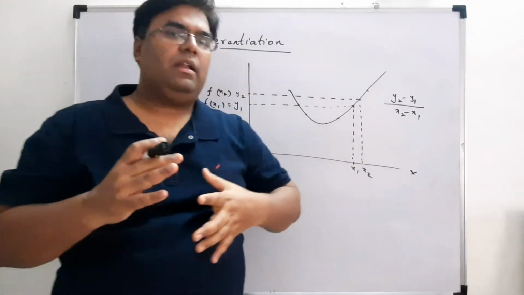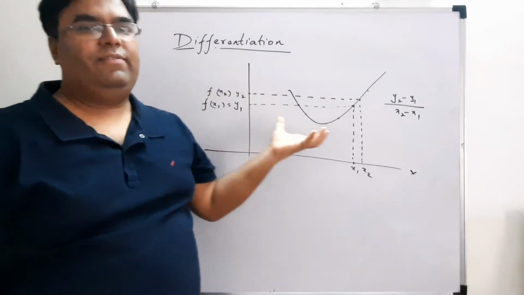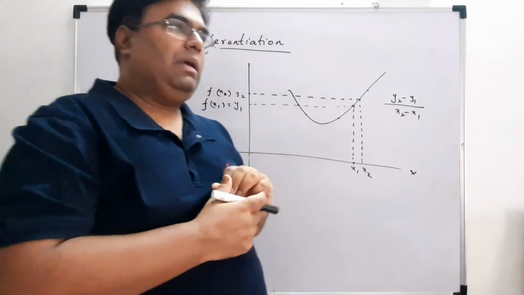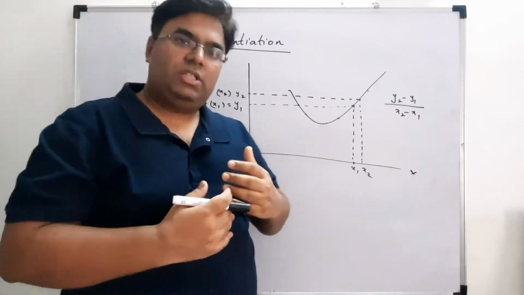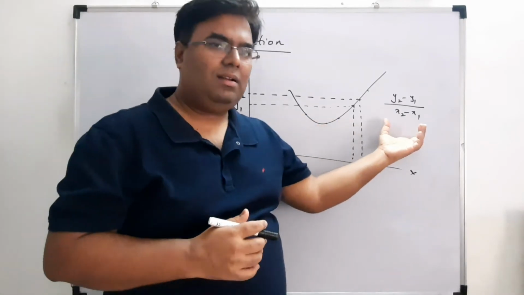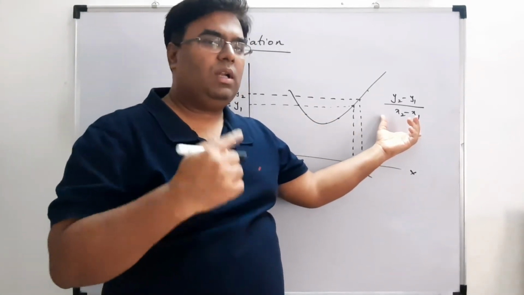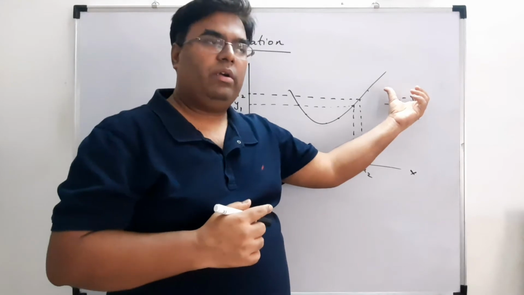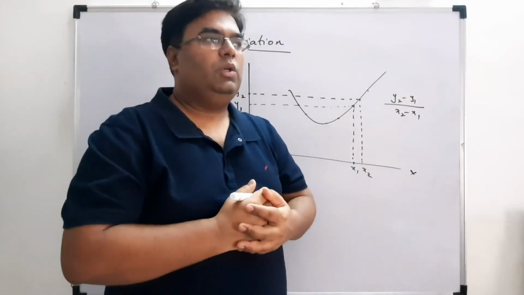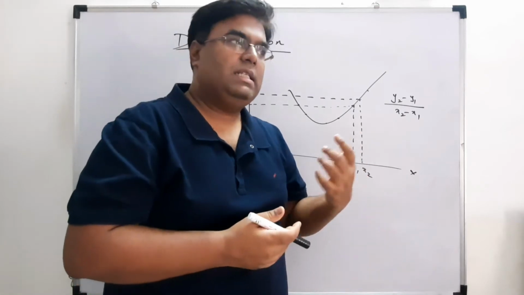There are different names given to this differentiation. Sometimes it is called slope of a tangent, sometimes it is called rate of change. Lots of things will come, but all of them are actually the same thing, which is change in one quantity with respect to change in another quantity. Your speed is also one of the same things.